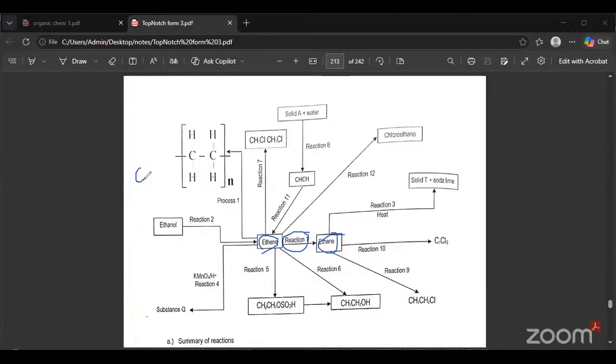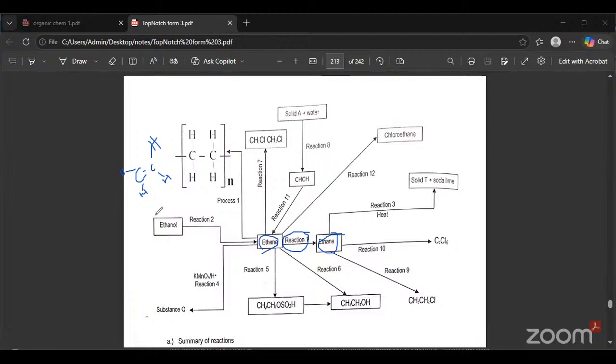Ethene, remember, is drawn like this. Hydrogen. Once you are given the answers, when you have ethene and ethane, there are few reactions, I think it is easy.